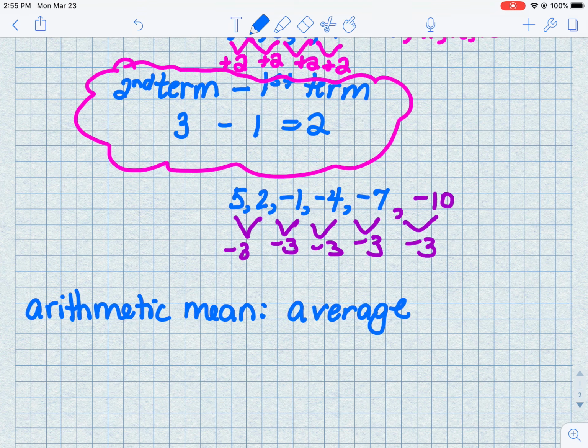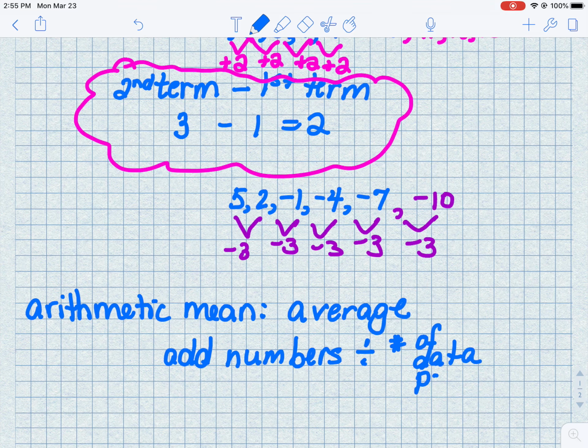And we add all the numbers, and we divide by the number of data points. This is how you find your grade if you're trying to figure out your average score in math.